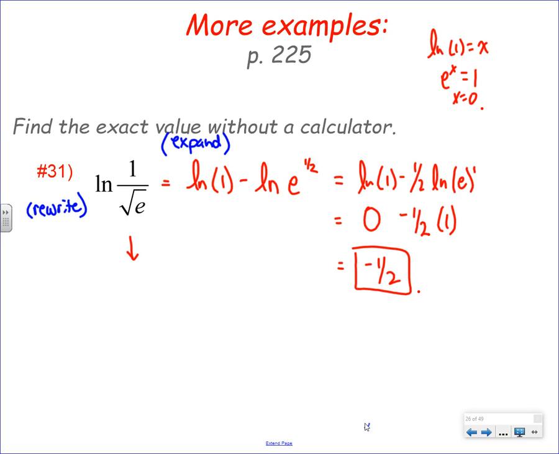How could you rewrite this without expanding? Keeping it condensed. How could you rewrite it in a way that you could get to negative 1/2? Square root of e could be 1 over e to the 1/2, and how can we rewrite that?